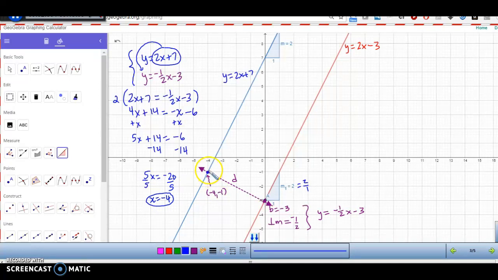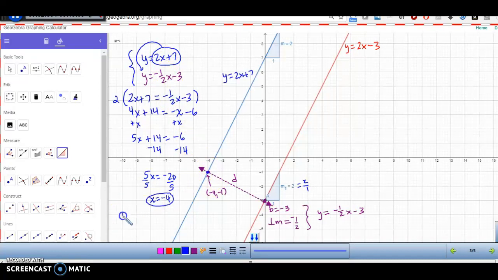Now, if we didn't know that y was -1 from the graph, we could then take that -4, and we actually will, and plug it into either one of these equations. And it doesn't matter which equation we use because we have the same value of y for the same value of x because we're finding the solution.